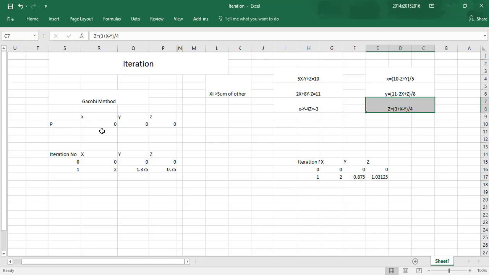Anyway, we will assume the start point x, y, z as you see here: 0 for x, 0 for y, and 0 for z.